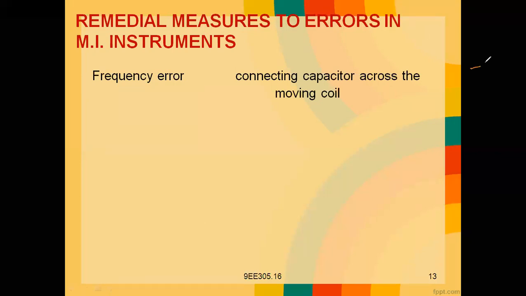So say this is your moving coil instrument. Across it, we place a capacitor. By doing so, we can reduce the frequency errors, because we cannot have a constant frequency input all the time. Because of this frequency variation, we'll have some errors introduced. In order to reduce those errors, we can connect a capacitor across the moving coil.